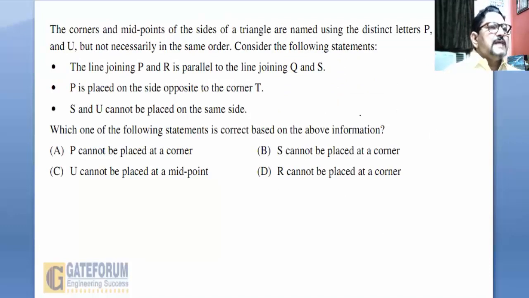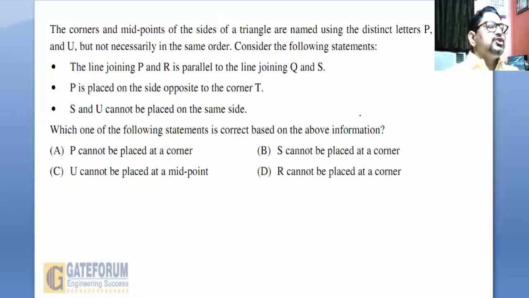The corners and midpoints of the sides of a triangle are named using the distinct letters P, Q, R, S, T, and U, but not necessarily in the same order. Okay. Consider the following statements.